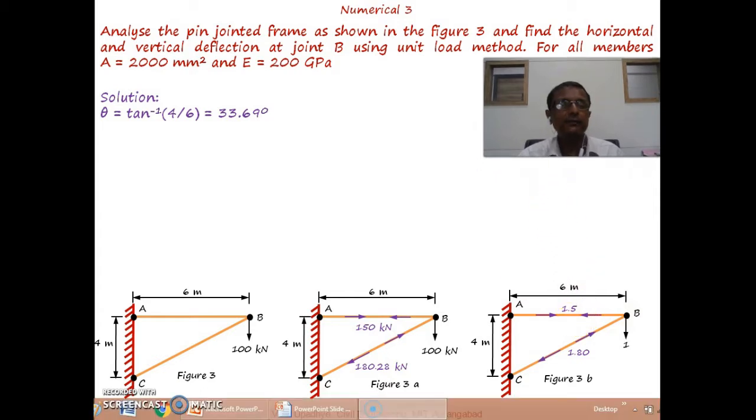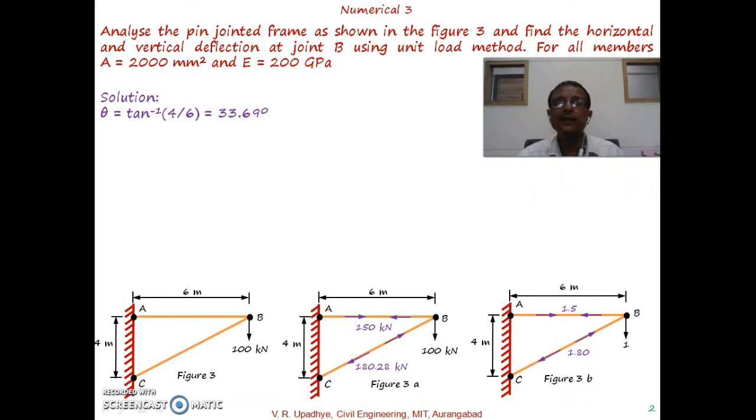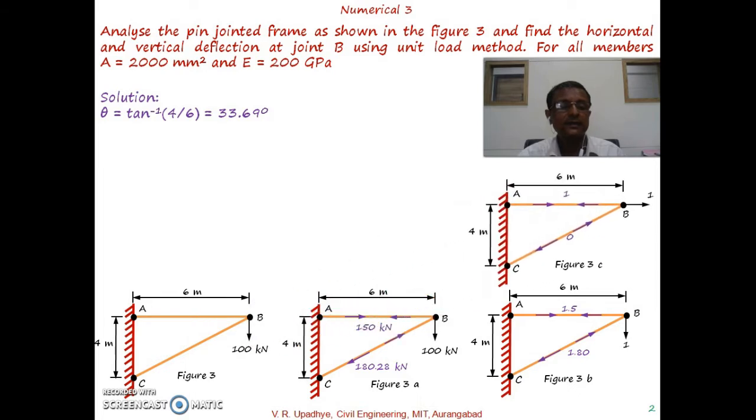Similarly, when we want to find the horizontal deflection due to the applied force, we apply a unit load in the horizontal direction at that particular joint. So this is the diagram. The unit load is applied at joint B in the horizontal direction. If we consider a free body diagram of joint B and apply the method of joints, then applying summation Fx equal to 0, FAB and this force must be equal and opposite.